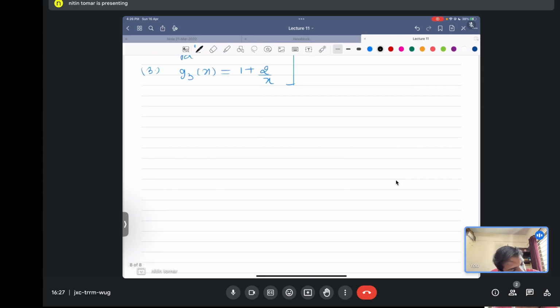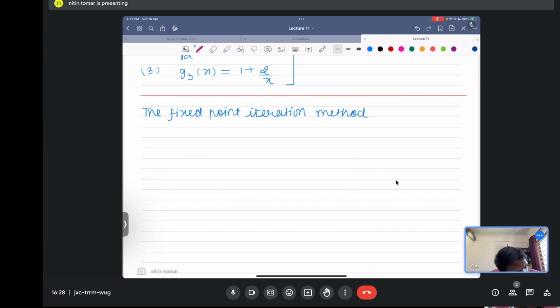Now let us start with the fixed point iteration method for finding a root of g(x) equal to x.